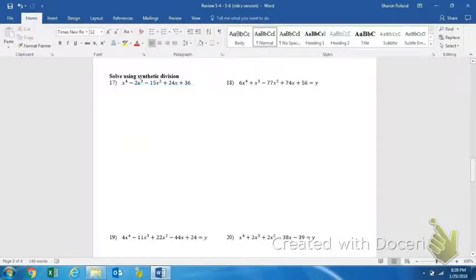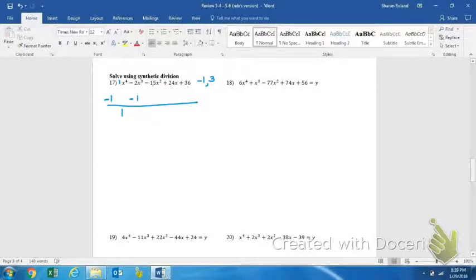But we know that 2 of those are -1 and 3. So I'm going to do -1 first. And you have 1, -2, -15, 24, and 36. I'm just going to bring the coefficients down from here. -1 times 1 is -1.